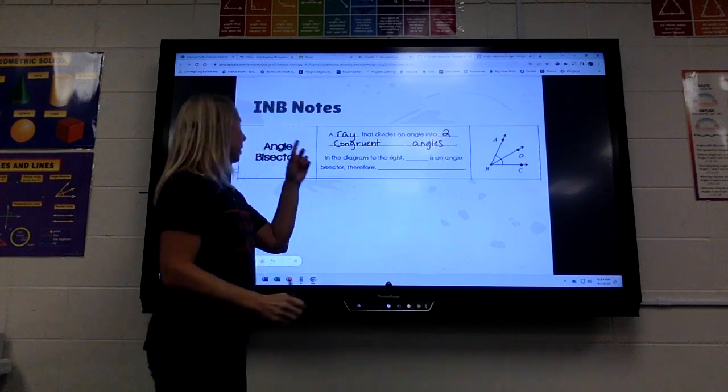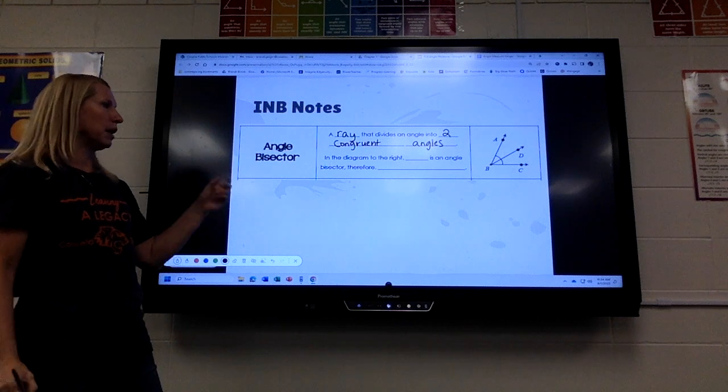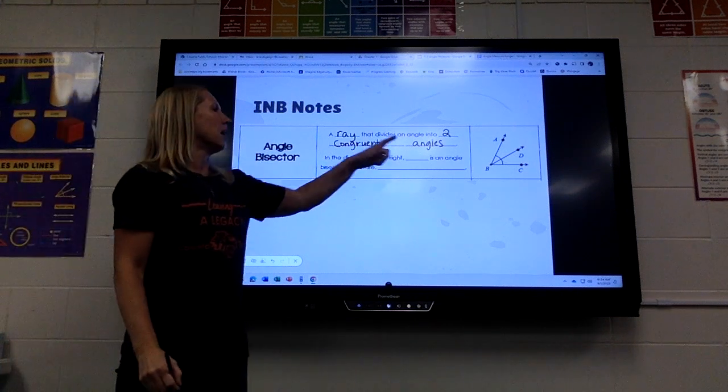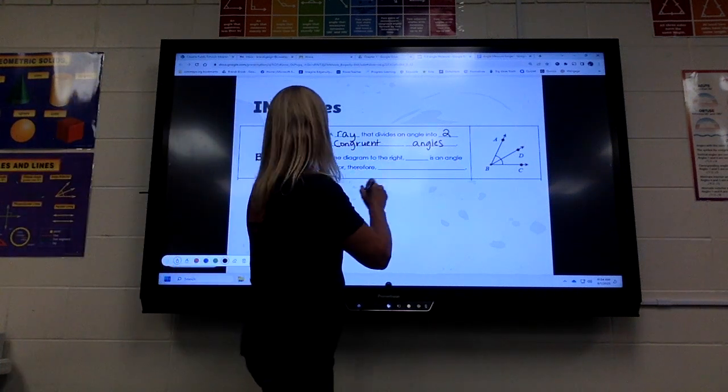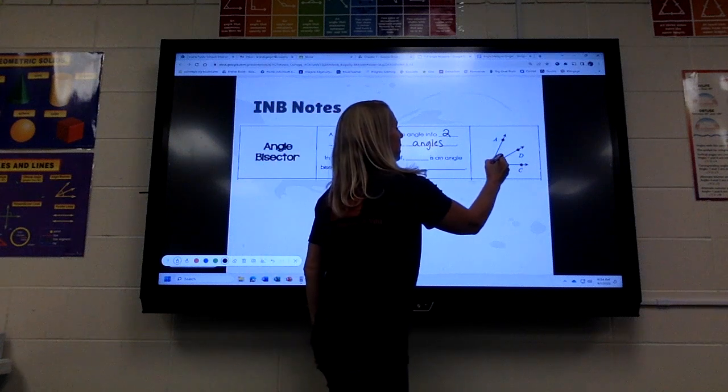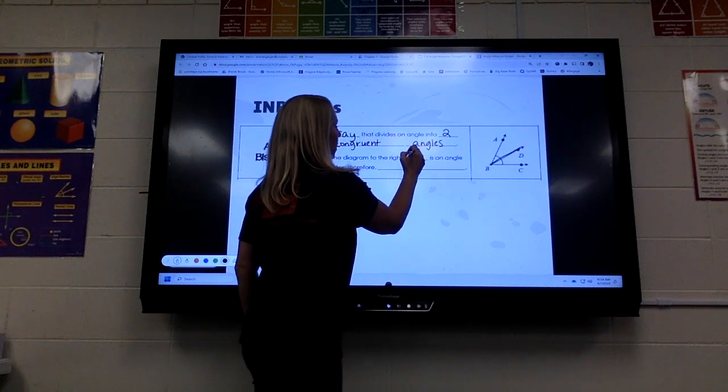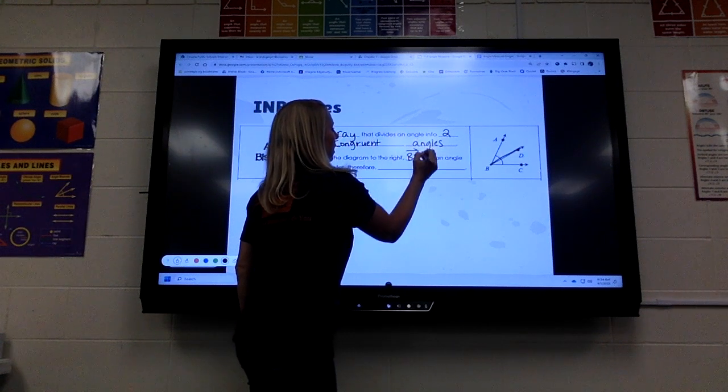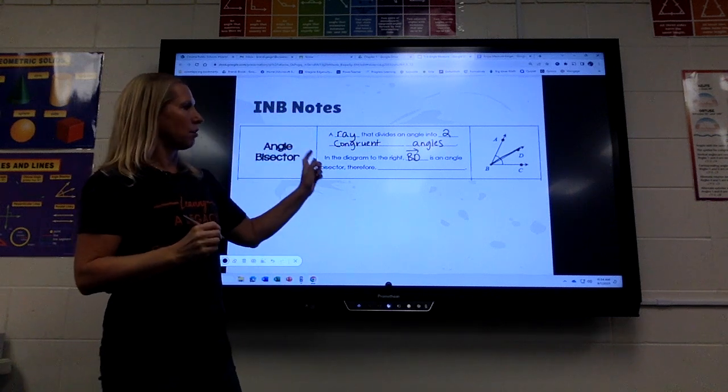That would be a bisector, an angle bisector. So in the diagram here, DB or BD is an angle bisector.